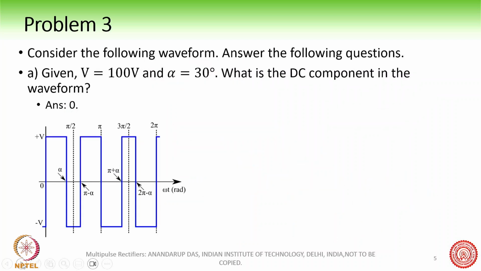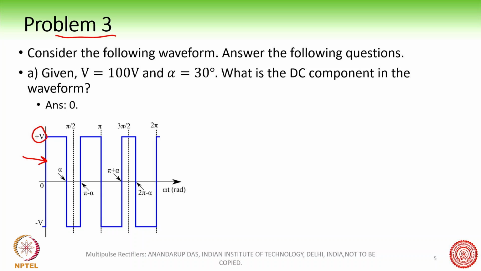Now consider the third problem. Okay, problem 3. Now here we are given a waveform like this, right? And we have to answer certain questions. Now here this is a voltage waveform and there are notches in the waveform.